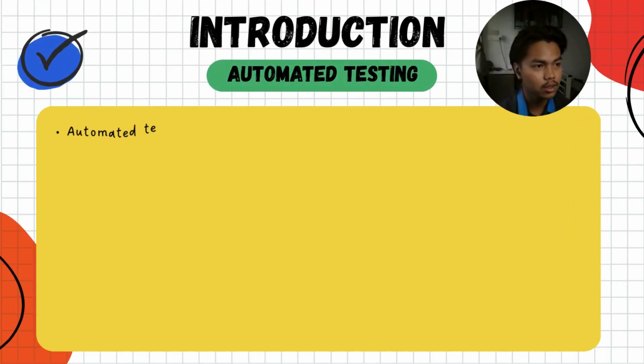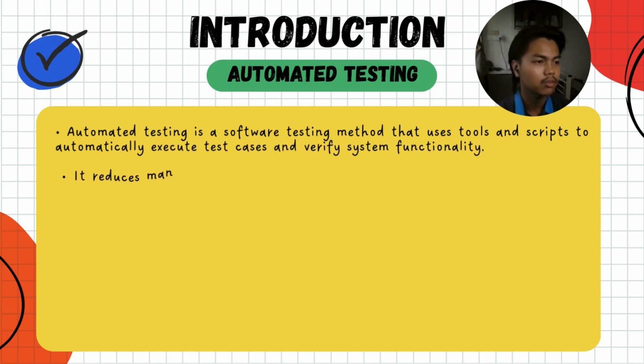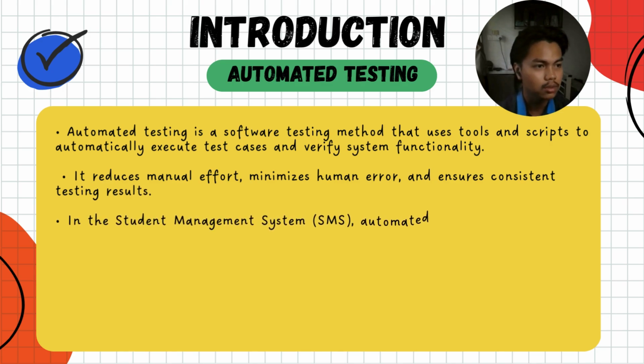Okay, what is automated testing? Automated testing is a software testing method that uses tools and scripts to automatically execute test cases and verify system functionality. It reduces manual effort, minimizes human error, and ensures consistent testing results.